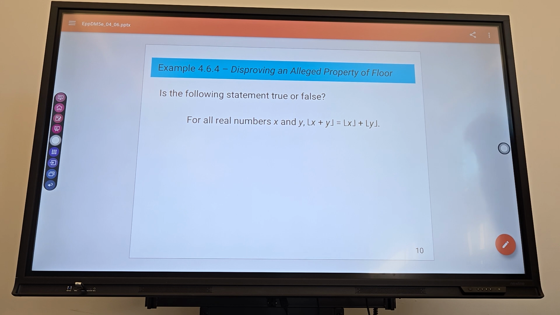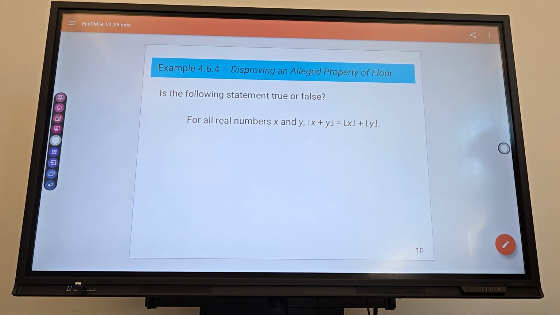And the floor of that is 4. Yes. But then, if we were going to take the floor of the others, that would be 1. Yes. So which would give us 3. And 4 does not equal 3. Exactly. So that is a proof by counterexample that the statement is false.